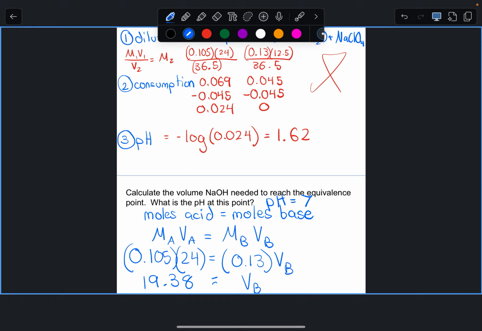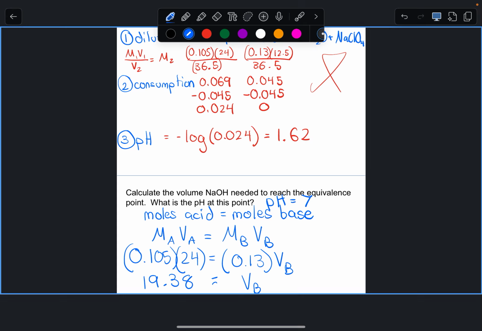So when you know that moles acid equals moles base, this is when you use that equation that looks like the dilution equation. It's just now molarity of the acid times volume of the acid, because that gives you moles acid. Plug in those concentrations, and you get that the volume of the base is going to be 19.38.